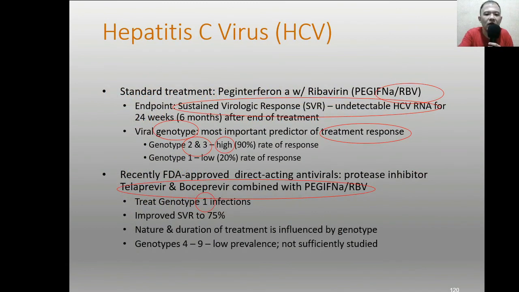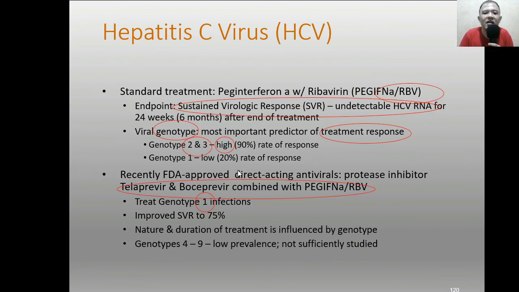So the treatment for hepatitis C also uses antivirals. And again, decreasing levels of RNA is a positive virologic response. The RNA level is the most important predictor of treatment response.